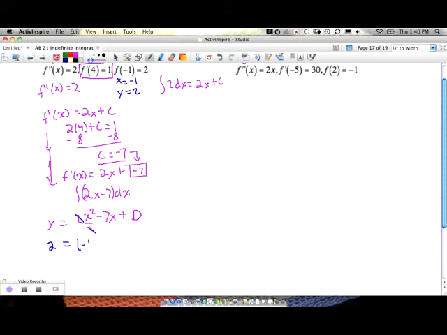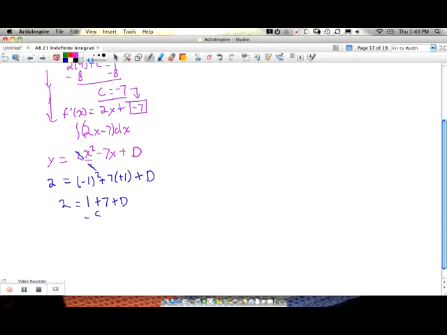On the other side I'd have -1 squared minus 7 times -1 plus d. Alright, this negative here with the 7 and -1, that becomes positive, so I have 1 plus 7 plus d equals 2. Let's keep going. We can subtract 8 from both sides and get rid of that 1 and 7. So we have -6 equals d.